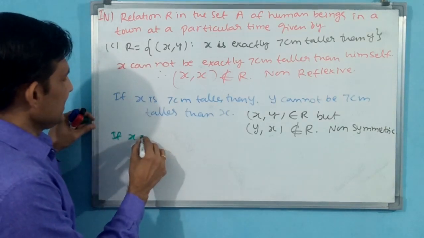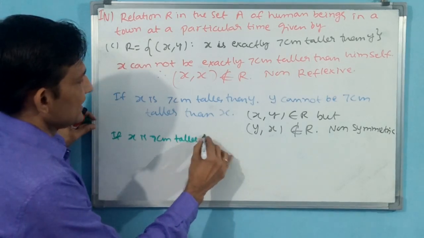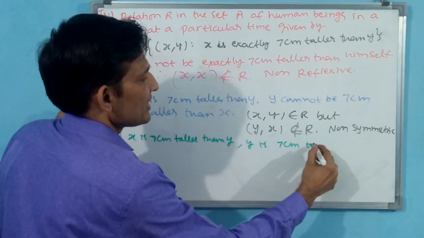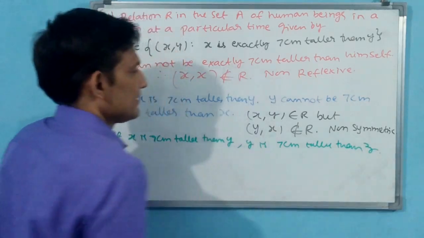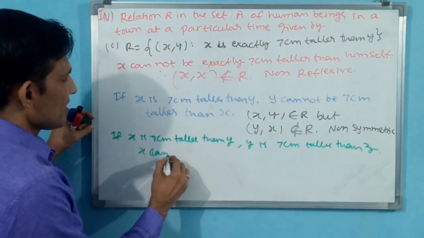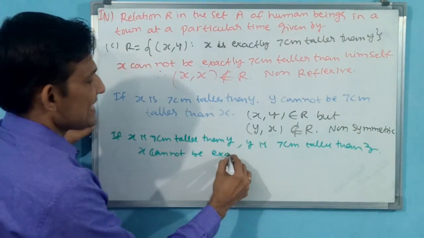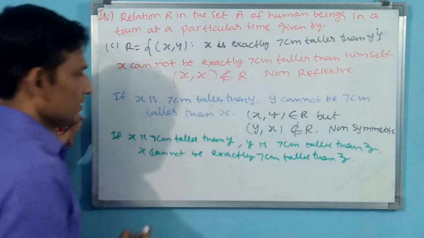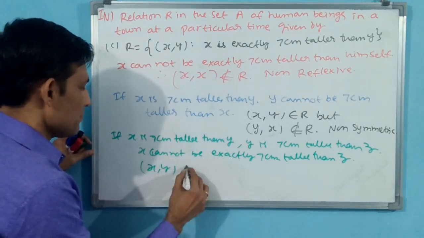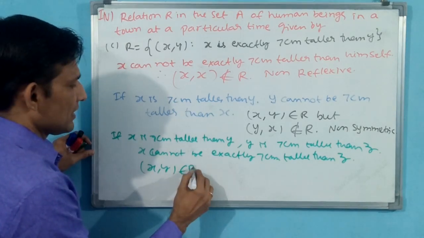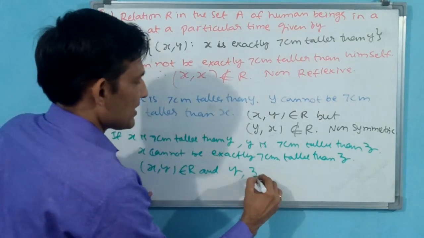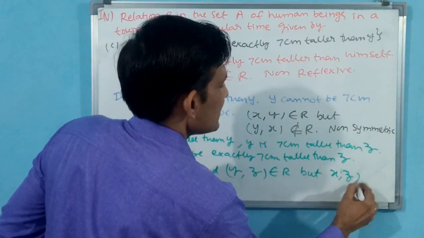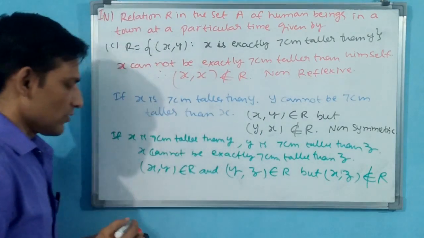If X is 7 centimeter taller than Y, Y is 7 centimeter taller than Z, X cannot be exactly 7 centimeter taller than Z. Now you write like this: X comma Y belongs to R, and Y comma Z belongs to R, but X comma Z does not belong to R. This you have to write.